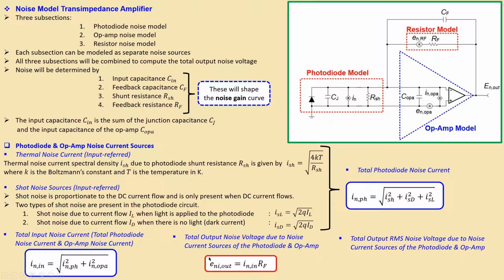Now the total output RMS noise voltage due to the noise current source of the photodiode and the op-amp will be given by this expression. Once you have the spectral density, you have the RMS value if you multiply that by the square root of the noise bandwidth of your circuit. That is of course what we in the final form want to calculate.